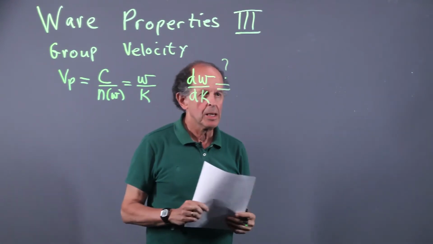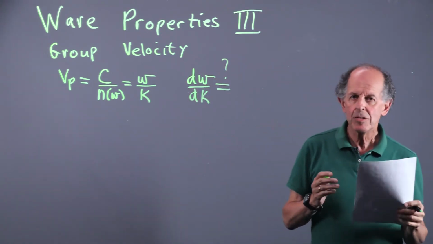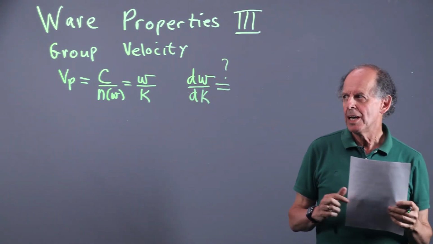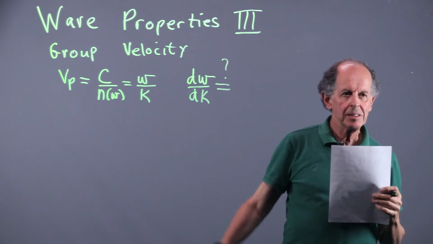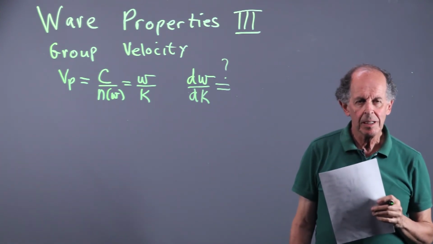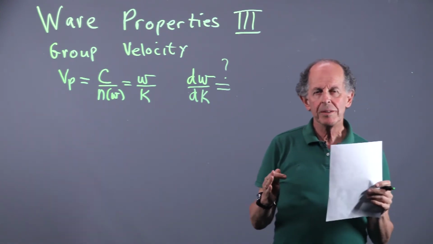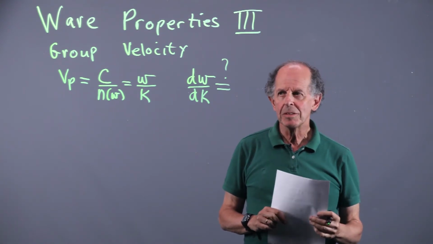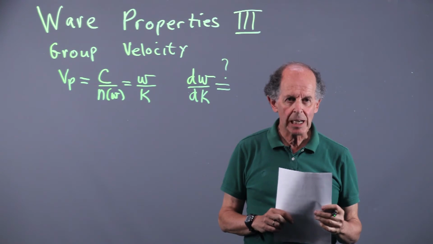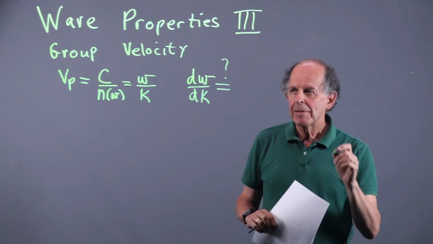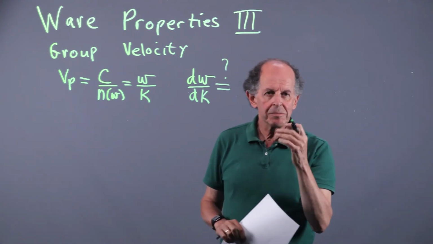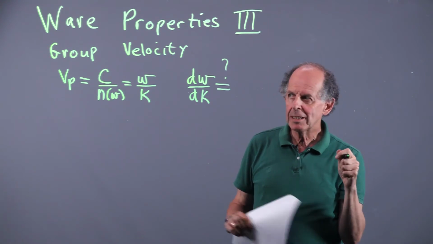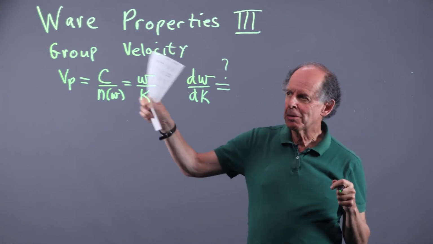Is there a problem with this? Is it easy to calculate d omega dk? I've not told you what the functional form of n of omega is, so we're kind of stuck. There's a trick here in a lot of books in electromagnetics because it often happens that formulas are like this.